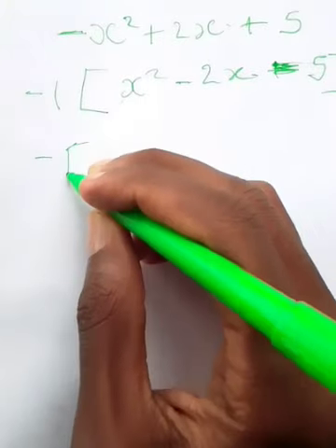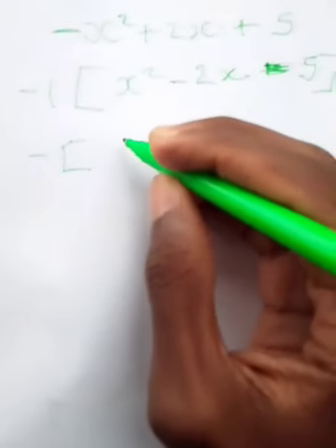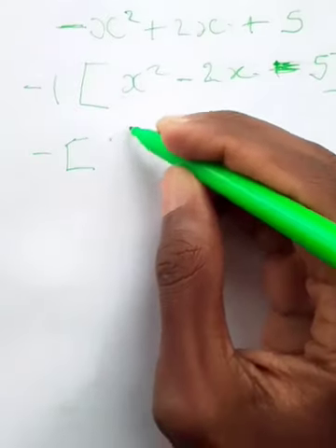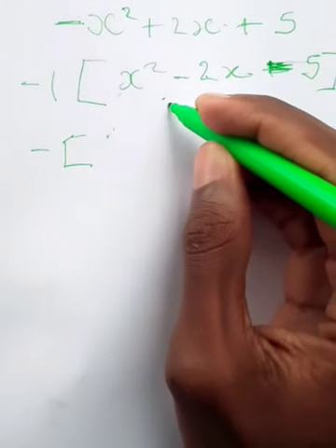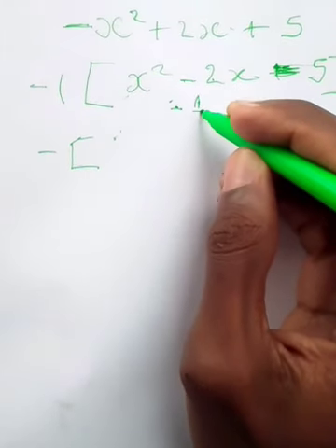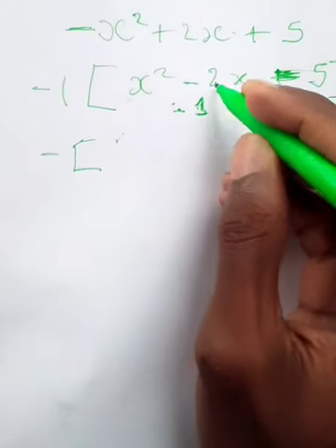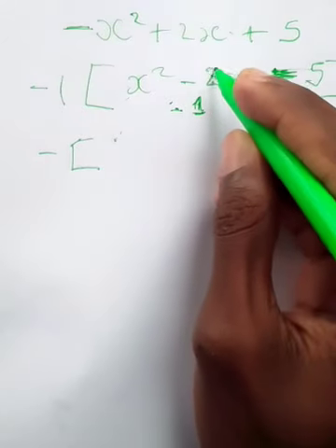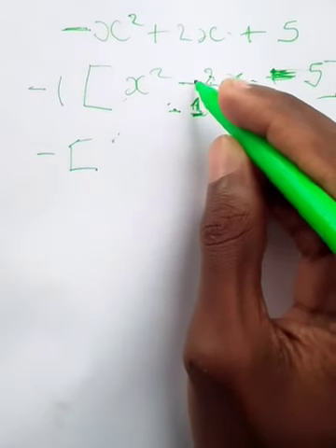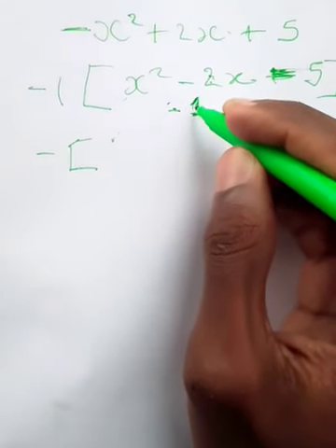And then I'm going to say that I'm going to divide this by 2, so it's going to be -1, right? So here, when I multiply -2 times 1 over 2, it is going to give me -1.